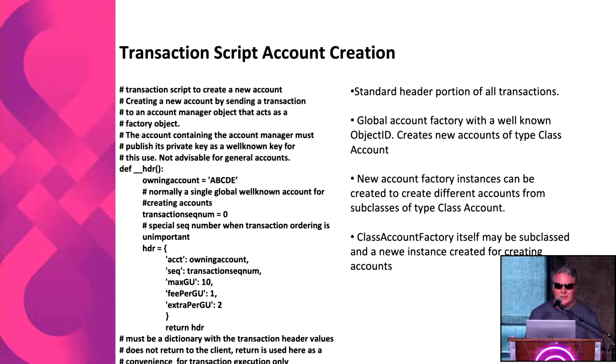So we create a global system account with an account manager that creates accounts for you, and so you can send it to them. The really fun thing about that is because it's a first class object model, meta-class model, you can actually create your own global account managers to create your own accounts as well. Not sure yet what to do with that capability, but it's there.